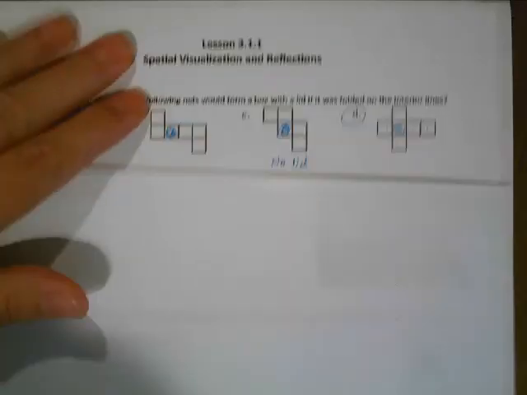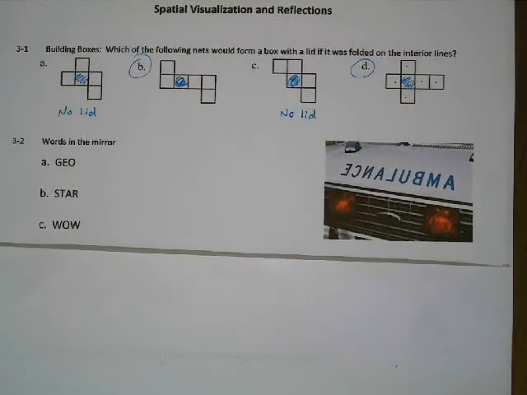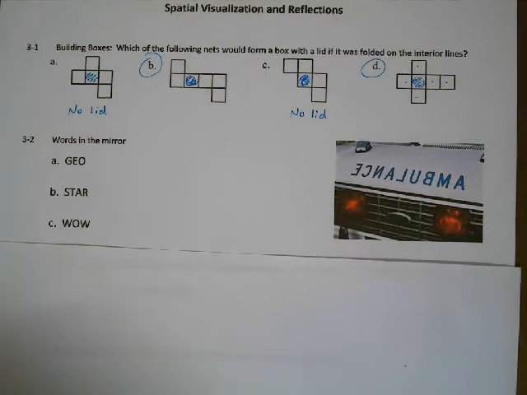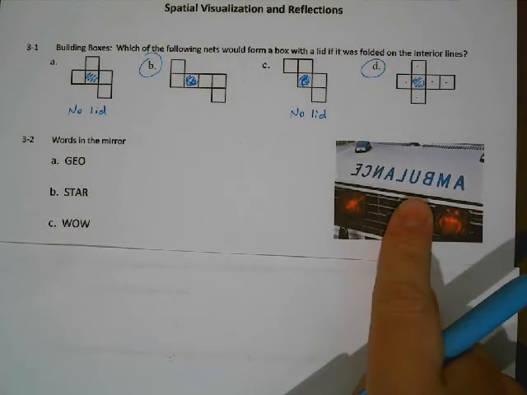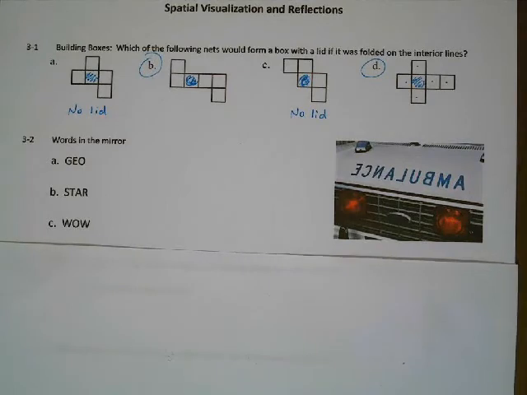All right, so I don't know if you've ever seen this before, but a lot of ambulances, the front of the ambulance looks like this. The word ambulance is written backwards. Anybody see that before, or do you realize why they do that?